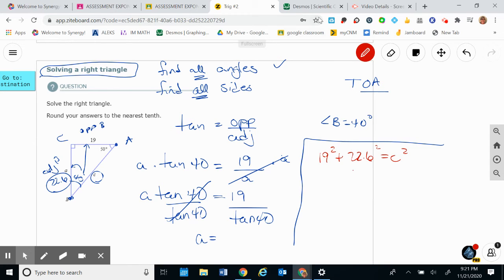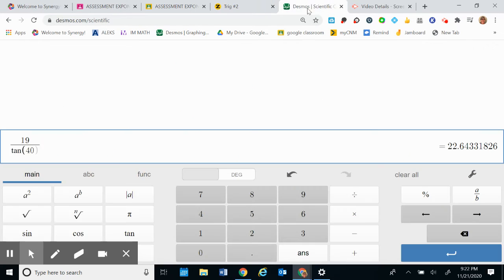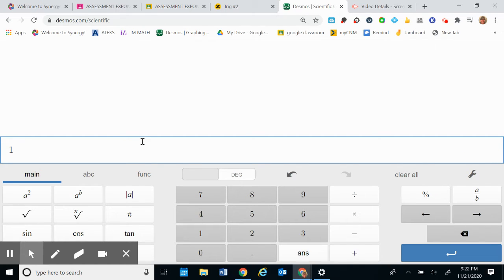So let's do this. 19 squared plus 22.6 squared is equal to 871.76.